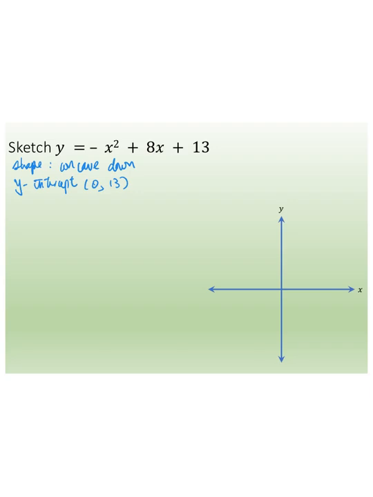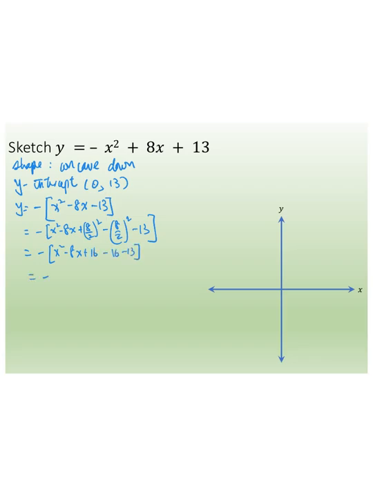Now let's complete the square. y equals minus, I'm going to take the minus out, (x squared minus 8x minus 13). So I now have minus (x squared minus 8x plus (8 over 2) squared minus (8 over 2) squared minus 13), which is minus (x squared minus 8x plus 16 minus 16 minus 13).